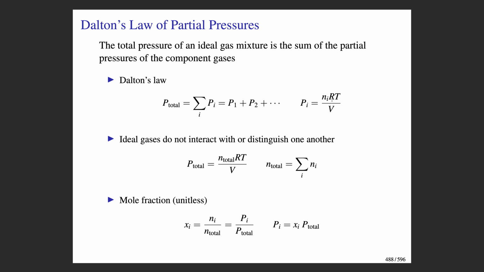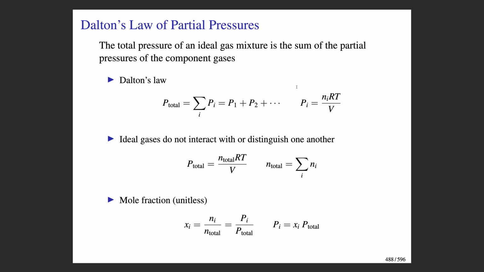Because ideal gases don't interact with one another, we can substitute in this expression for Pi and then factor out the R and the T and the volume and then add up the number of moles of gas to give us this equation where the pressure of the gaseous mixture is just the total number of moles of gas that you have times R times T divided by the volume.